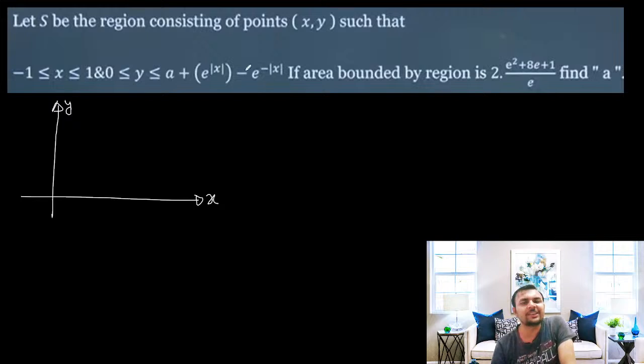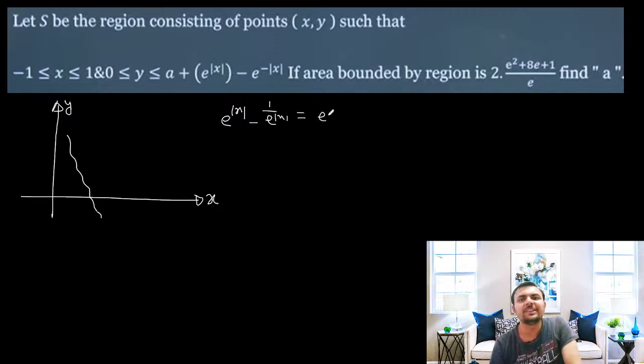So this is some curve. Okay, let this be a curve, maybe equal to 0. This is some curve, maybe cutting, may not be cutting. We don't know. So minus 1 to 1. If we see e to the power x minus 1 upon e to the power mod x, what is the nature of this curve?